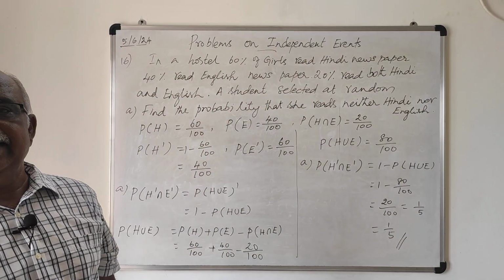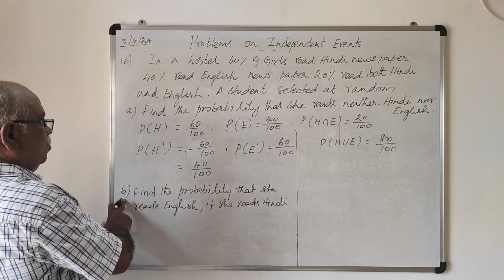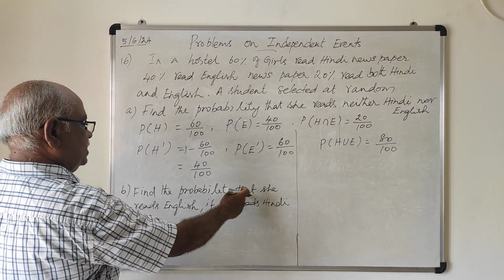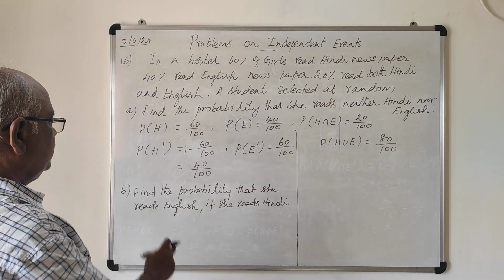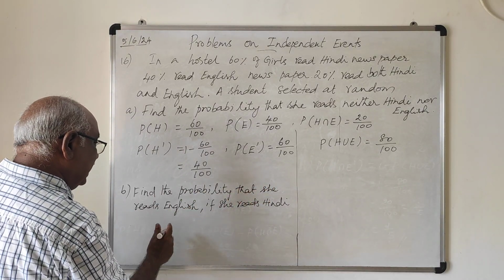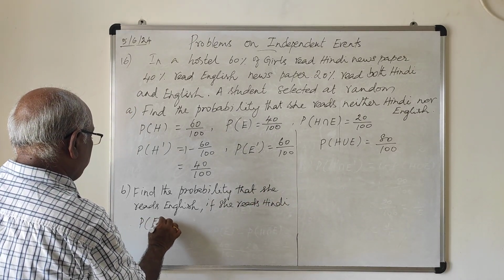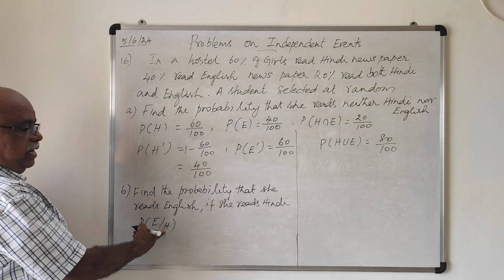That's all. Okay? So the next subdivision, part B of the problem: find the probability that the girl reads English if she reads Hindi. That is P of E under the condition that H has already occurred.